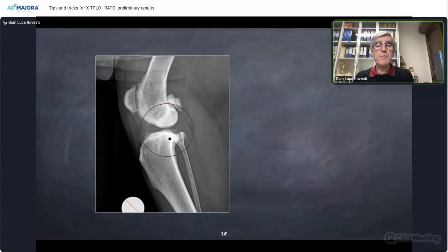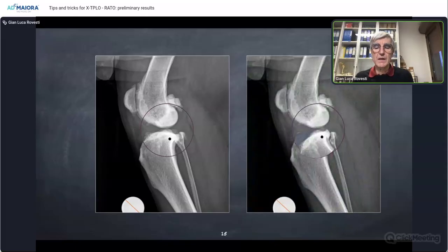Instead, if we put the pin outside of the center of rotation, when we try to rotate the tibia after the osteotomy, we will have this kind of conflict because together with rotation, we will have also translation.